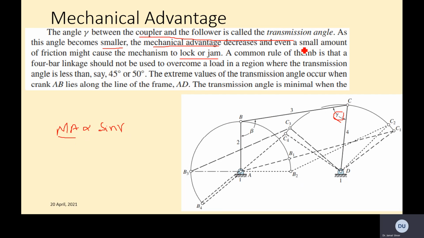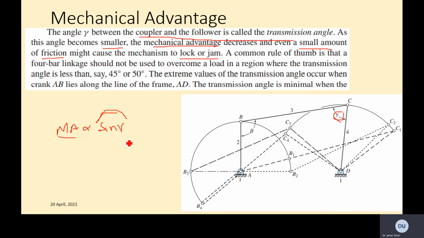So what does a really small value mean here? If sine gamma is really small, even friction, which normally has very little effect in a four-bar mechanism since frictional loss is really low, might cause the mechanism to lock or jam. It will not move, because mechanical advantage 0 means it is not doing anything. It is more like a structure.